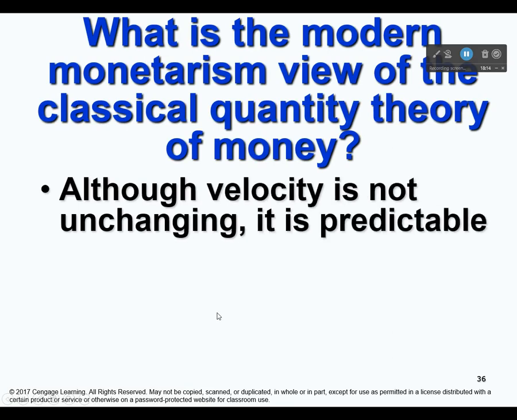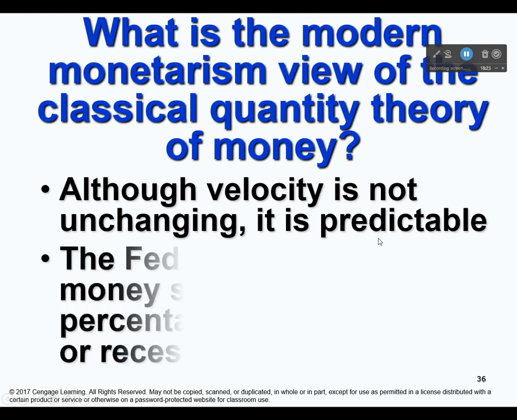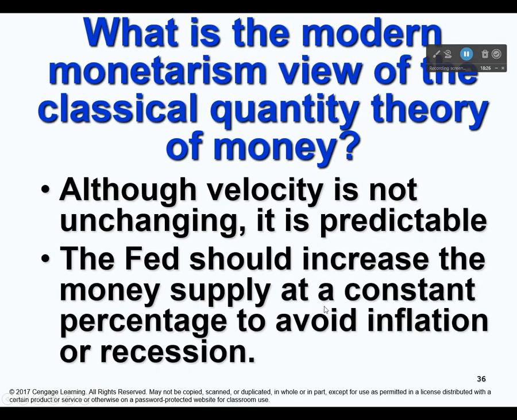Now, the monetarists' criticism of this is that although velocity is not unchanging, it is predictable. The Fed should increase the money supply at a constant percentage to avoid inflation or recession. So the monetarists believe there is some amount of money that the Fed should create every year that will prevent the economy from going into a recession and not cause excessive price inflation.